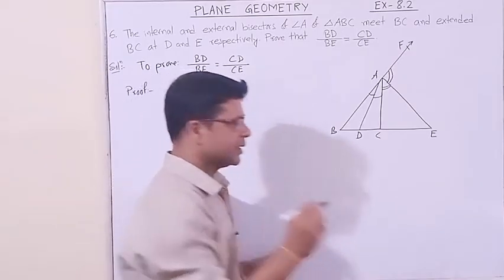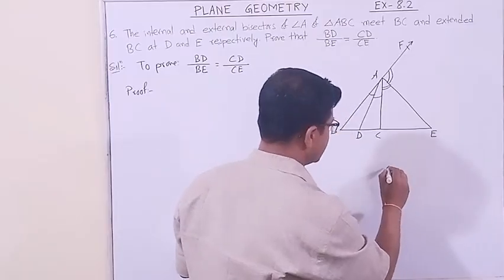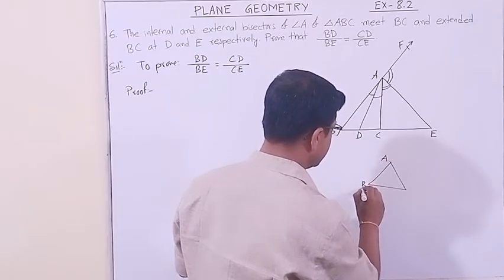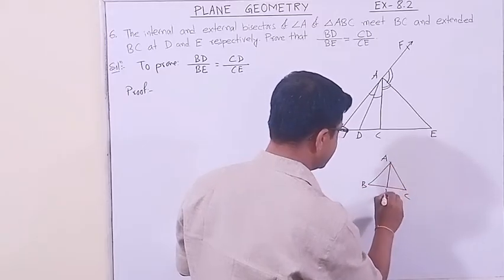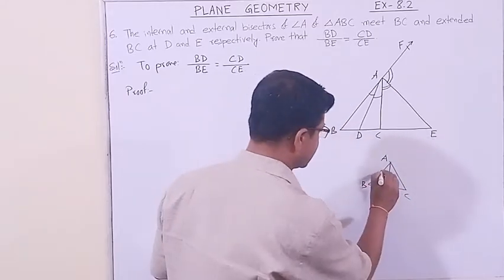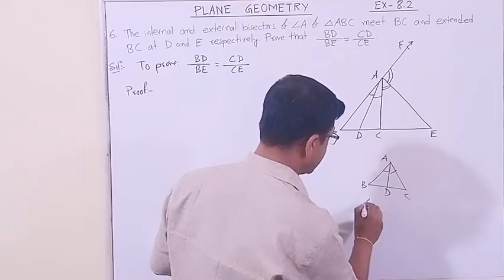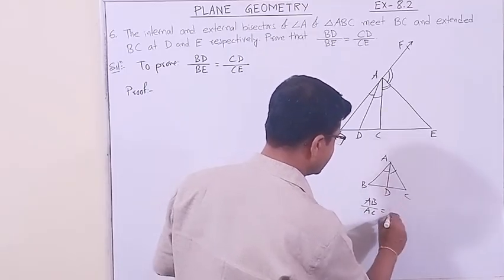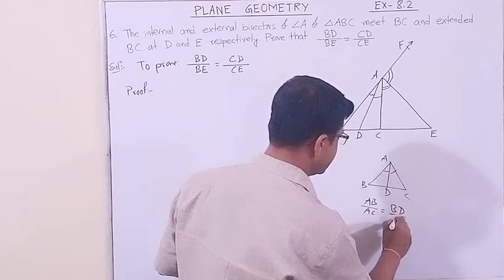Here at first let us recapitulate whatever we have done in triangle ABC. If AD is the internal bisector, that means these two angles are equal, then we have AB by AC equal to BD by DC.